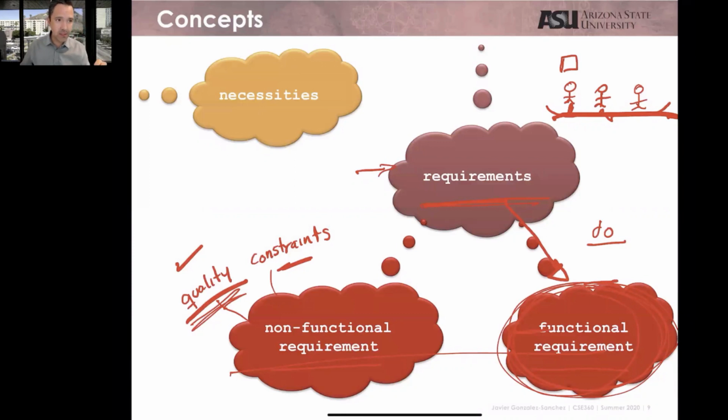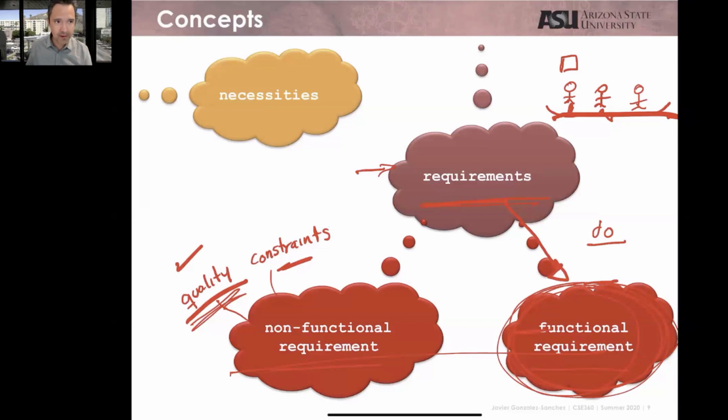The graphical user interface, anything related with the graphical user interface: if you are talking about, for instance, asking for user authentication, one thing that you need to do is to show this dialog box with login and the box, password and the box. That is functional because it's something that the software is doing.